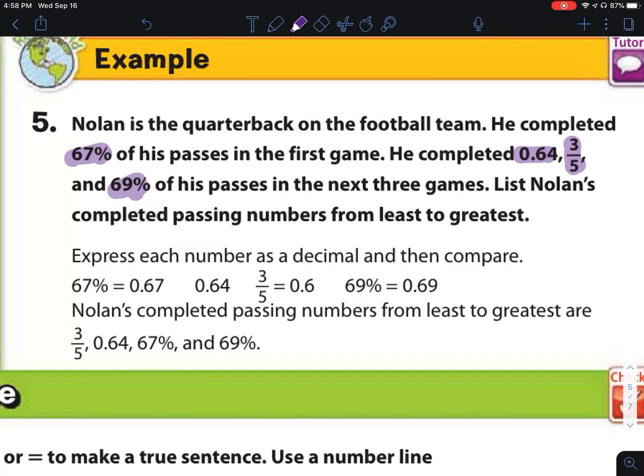Now, if you notice, this is a decimal. This is a percent. This is a percent. This is a decimal, and this is a fraction. For us to be able to compare those four numbers, we need to convert all of them into decimals. So again, we convert 67% into a decimal.